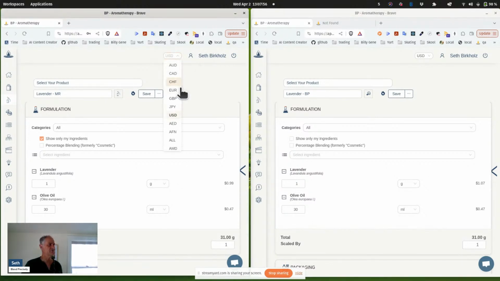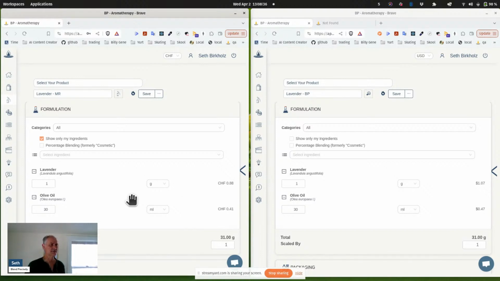So if, for example, you put in a different currency, it takes that into account and runs off to the back end, and it says, okay, the current exchange rate between the Swiss franc and the dollar is such and such, and we're going to compute that using the price per gram, depending on the quantity that you have here and the unit that you have here. So you can choose any value you want. What you're seeing here is just the front end, presented in a way that is translated by doing these calculations.